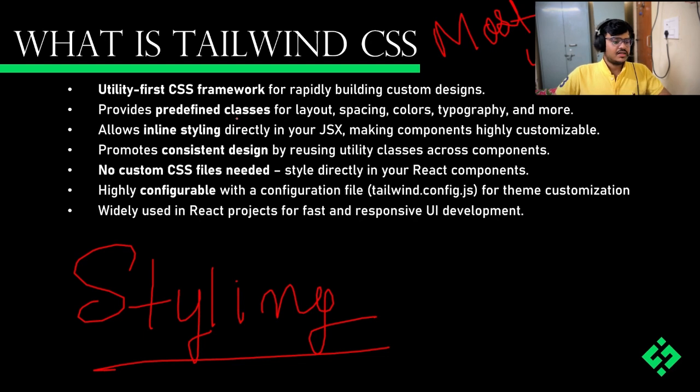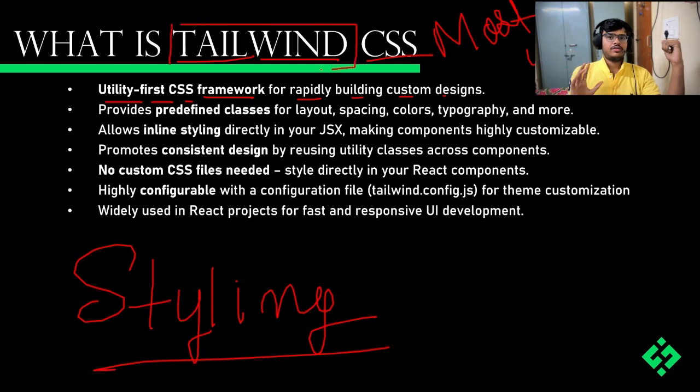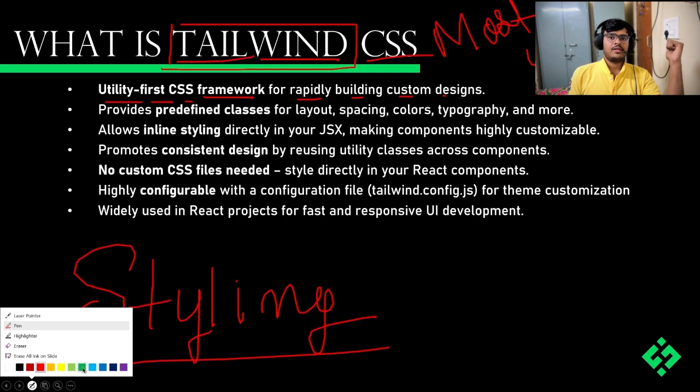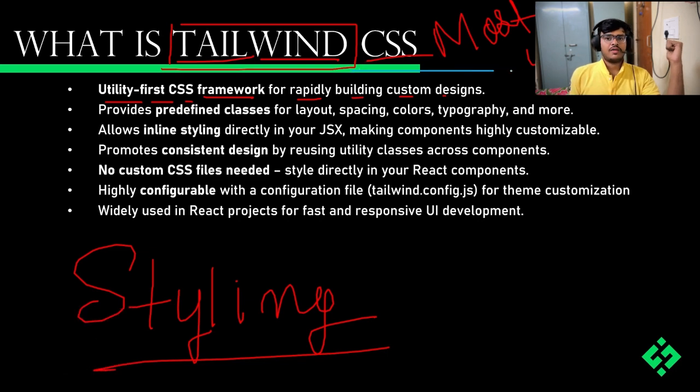Tailwind CSS is a utility-first CSS framework for rapidly building custom designs. What this means is that previously with CSS, if you increase the complexity of the project, it becomes very difficult to maintain all the classes, and you have to write it from scratch.